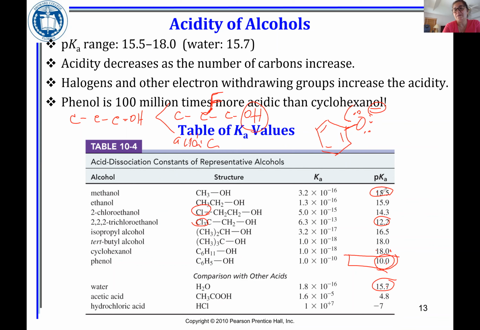The pKa is a negative log, so a difference of 1 is 10 times, a difference of 2 units is 100 times, and a difference of 8 in the pKa value means 100 million times. So that's a 10 to the 8 difference in multiple.